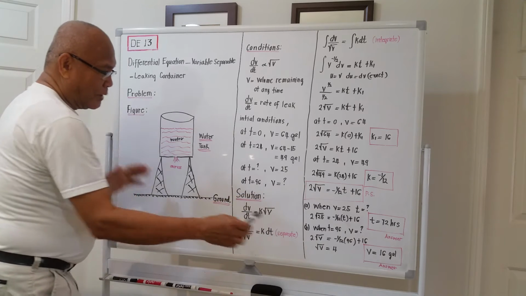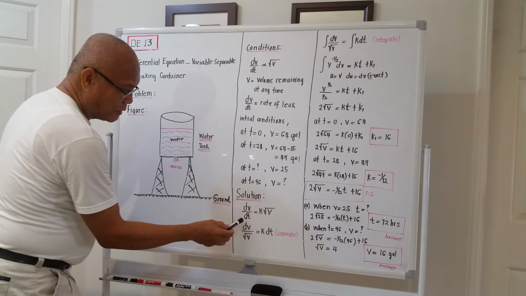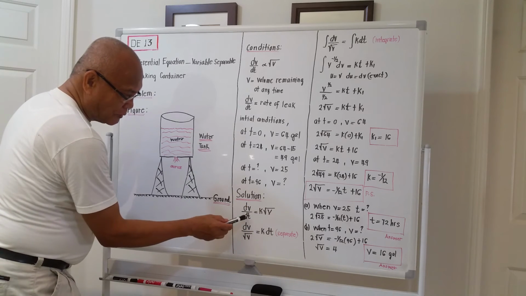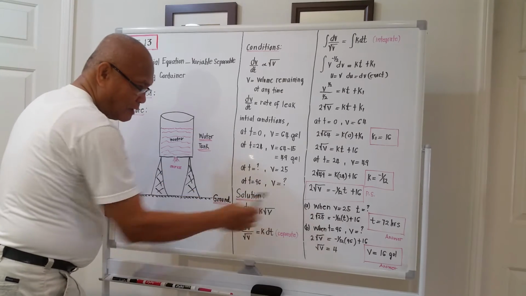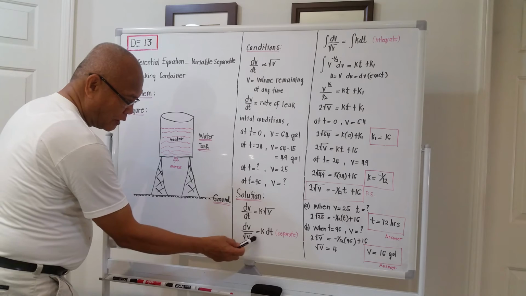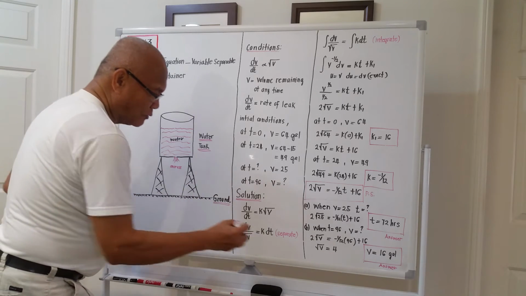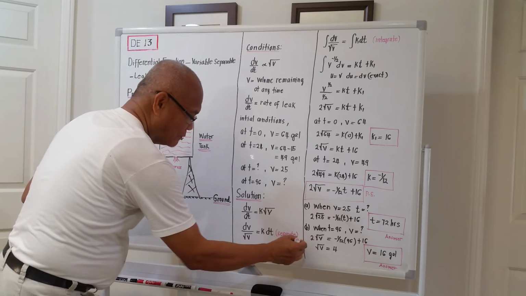We try to separate the variables. We put this square root underneath, and we put this dt on the right. So what will come out will be dV over the square root of V equals k dt. After the algebraic manipulation, we already have separated the variables.